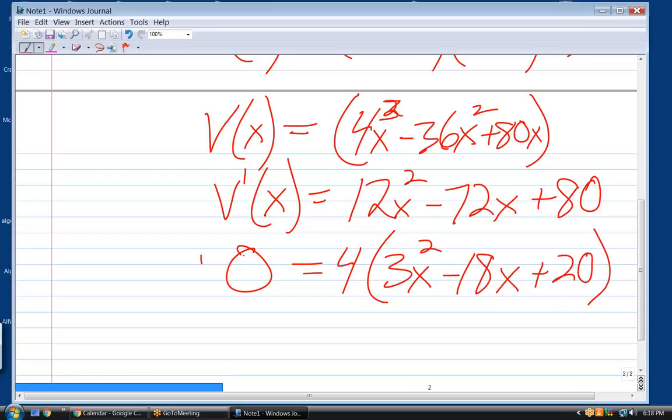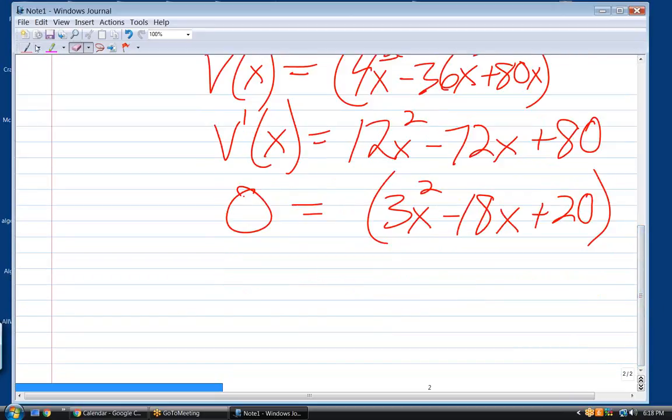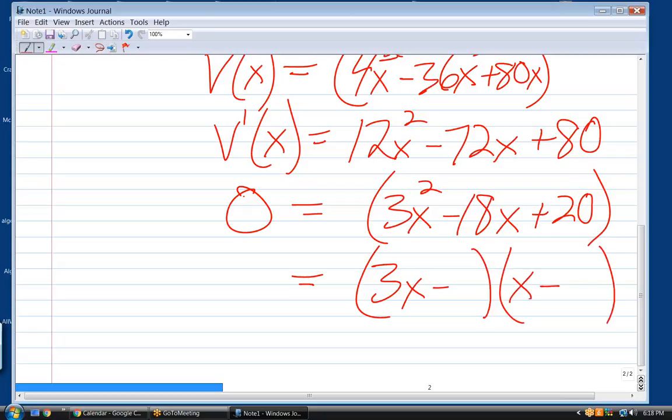And then I can divide both sides by 4. Now at least I have an easier quadratic to factor. Let's see if anything easy works here. It's 3x minus something times x minus something else. In other words, I know it's two minuses. That's the only way I can produce a plus.